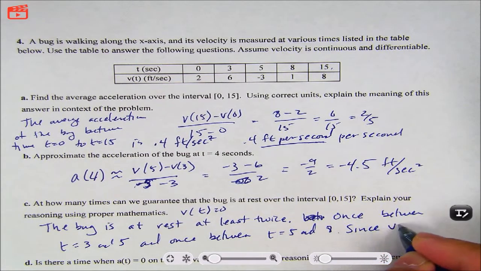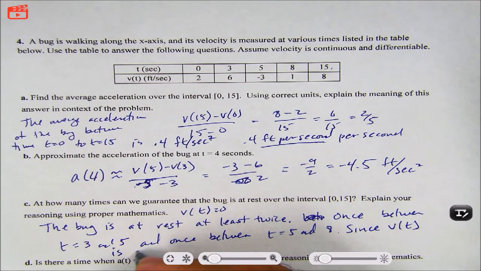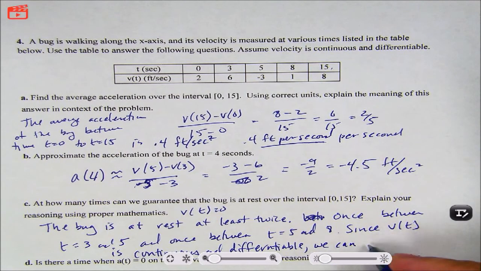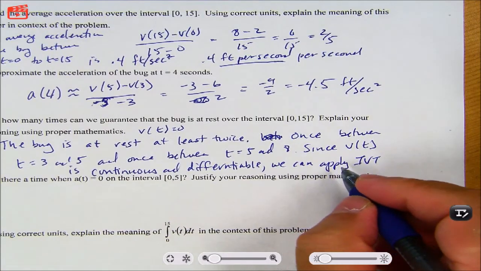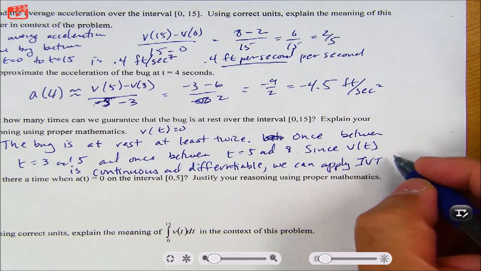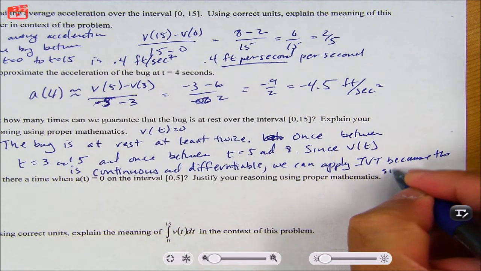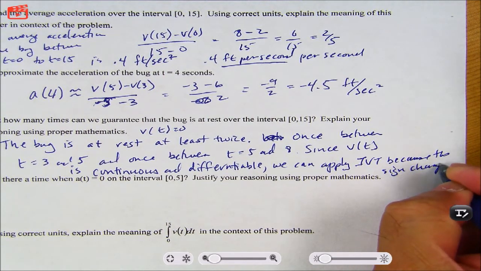Since v of t is continuous and differentiable, we can apply IVT, the intermediate value theorem, because the sign changes on those intervals.